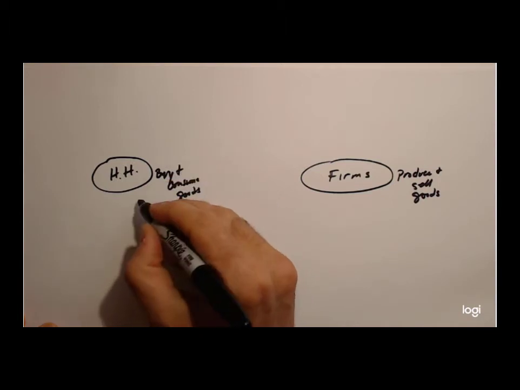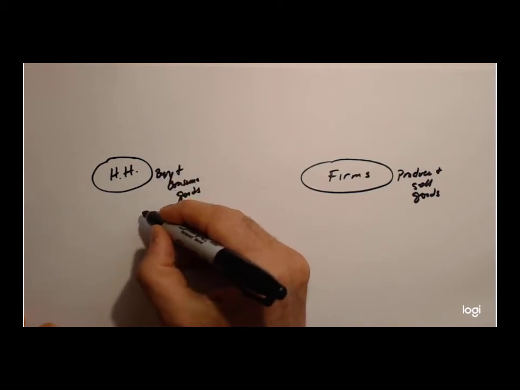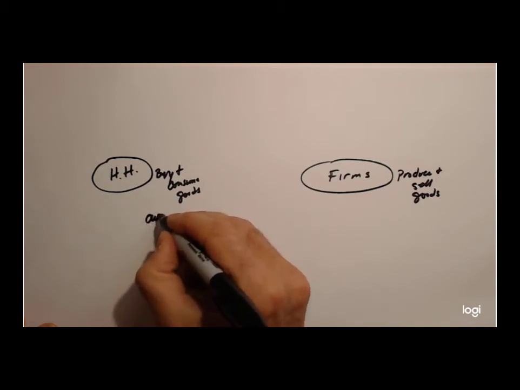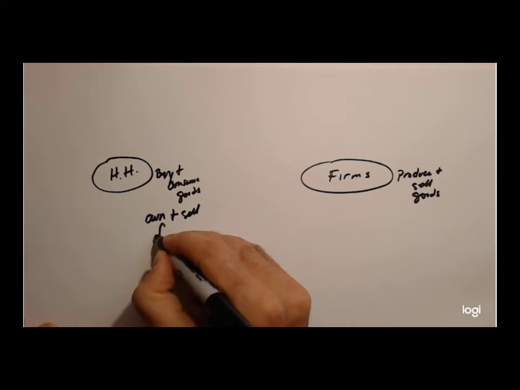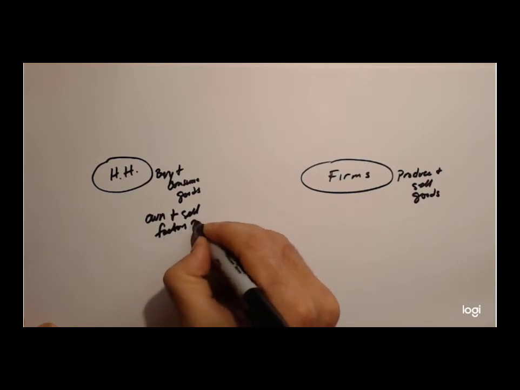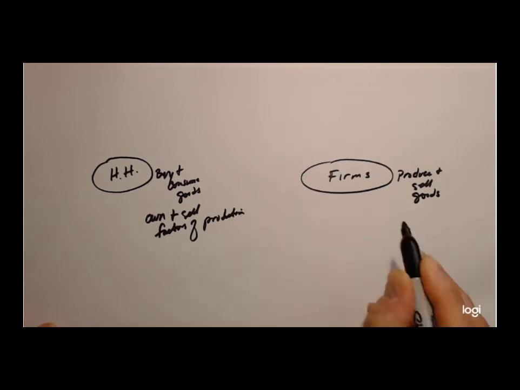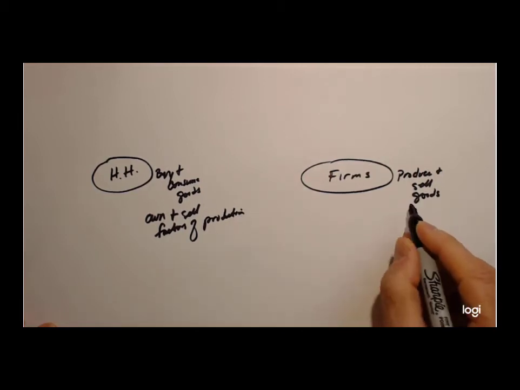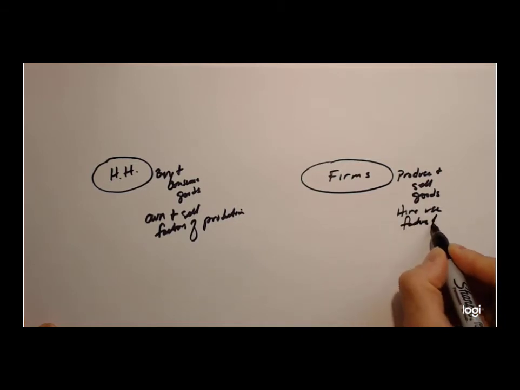Well, it turns out that we're going to assume that households own and sell what are called factors of production. And then firms are going to hire and use factors of production.